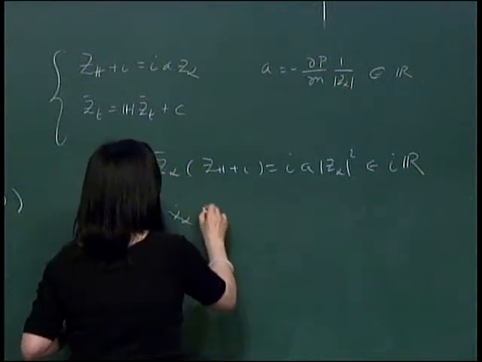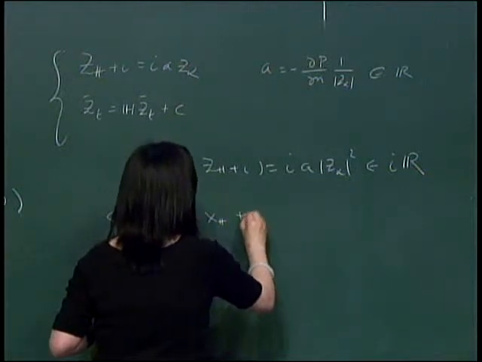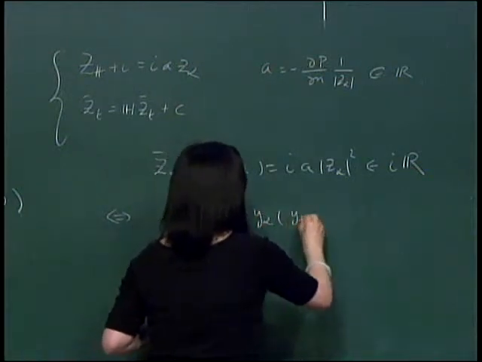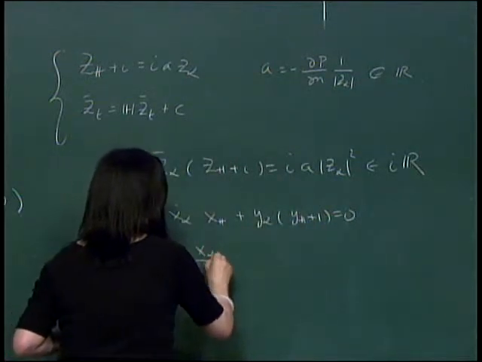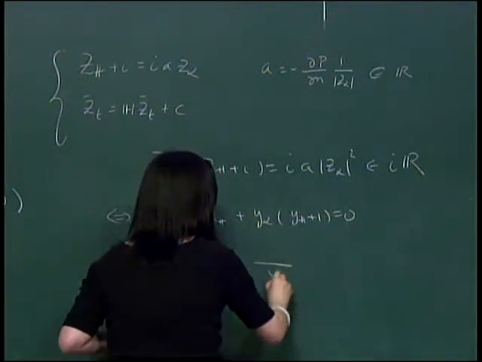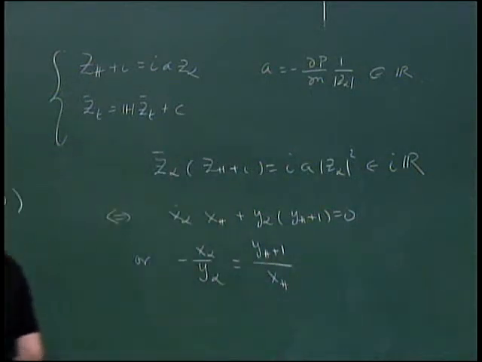So X alpha XTT plus Y alpha YTT plus 1 equals 0. Or you can say that minus X alpha divided by Y alpha equals (YTT plus 1) over XTT. Now let's look at this angle.